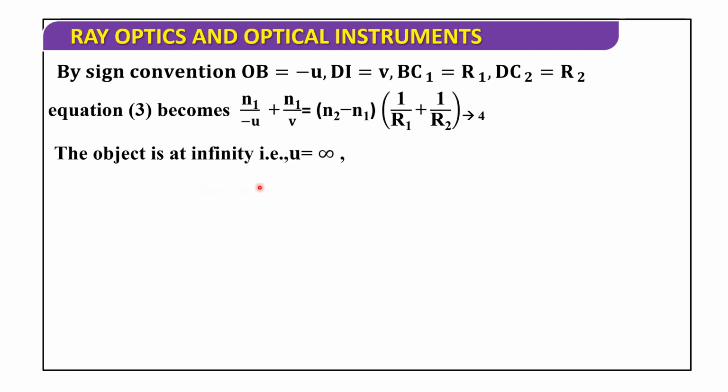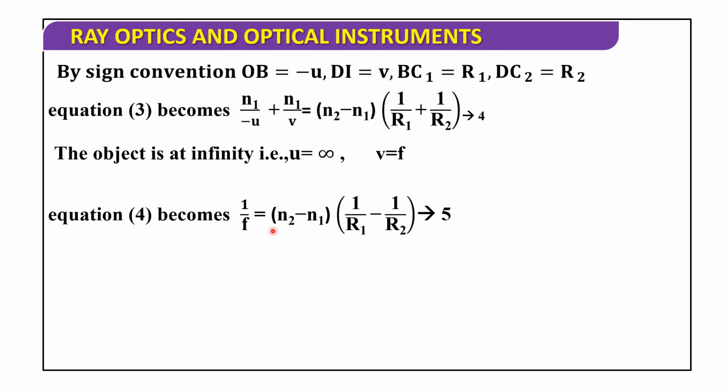Now the object is at infinity, u is equal to infinity. So v is equal to f. So equation 4 becomes 1 by f is equal to n2 minus n1 of 1 by R1 plus 1 by R2. Here u is equal to infinity, so 1 by u is 0. So 1 by f is equal to n2 minus n1 of 1 by R1 minus 1 by R2.